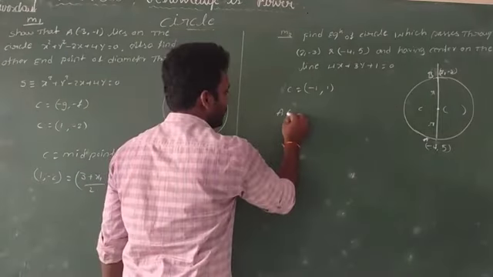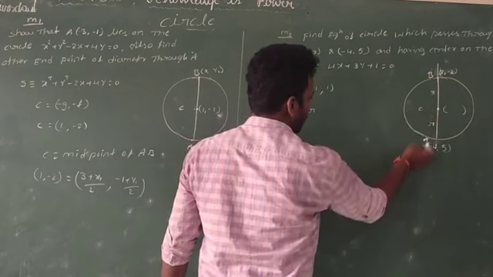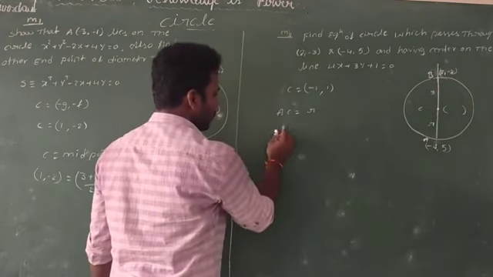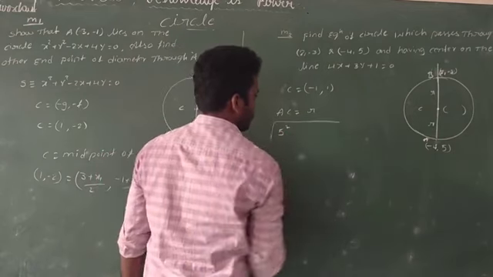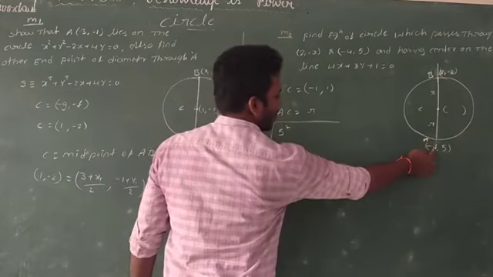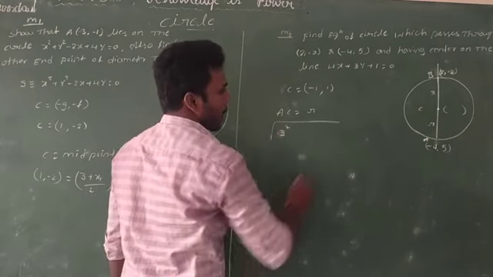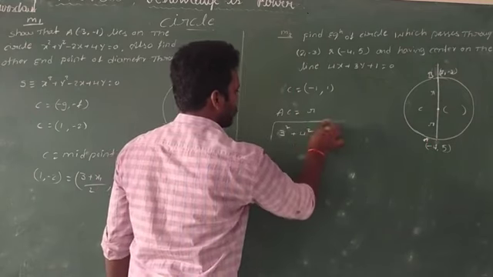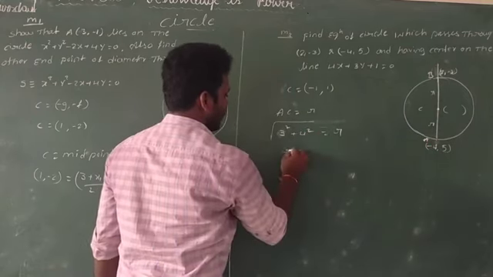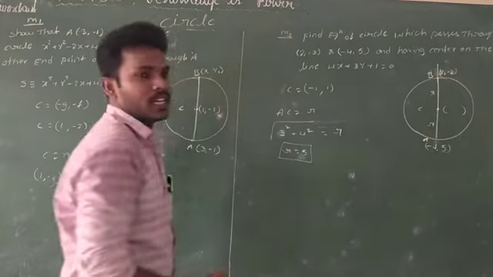That is AC is equal to R. So the AC value is the distance formula, 3 square plus 4 square, that is 5 square. So the radius is equal to 5, and the center is minus 1 comma 1.